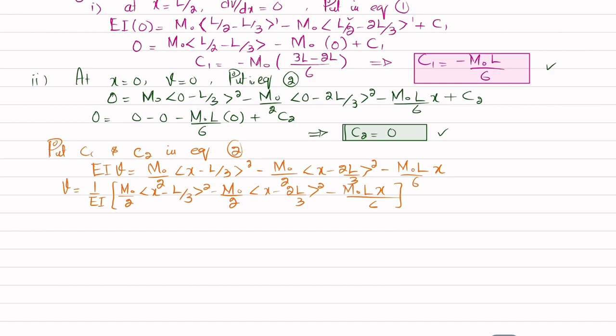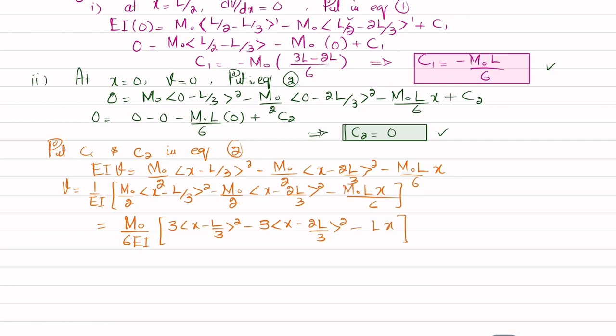Now what if you take m naught over 6 common? So m naught over 6 is common and EI is also there. So you will get 3 into x minus L by 3 whole square minus 3 into x minus 2L over 3 whole square minus L into x.